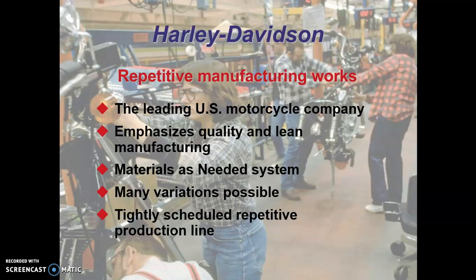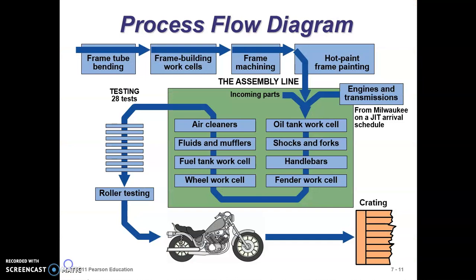So for repetitive manufacturing, Harley-Davidson combines many components to create their motorcycle. This is the process of Harley-Davidson, starting from frame tube bending until creating the motorcycle.